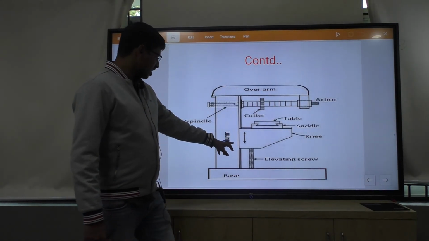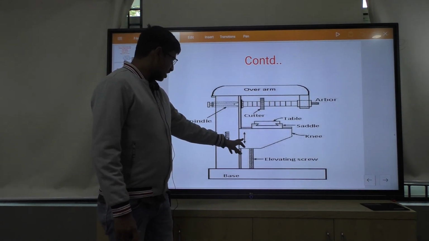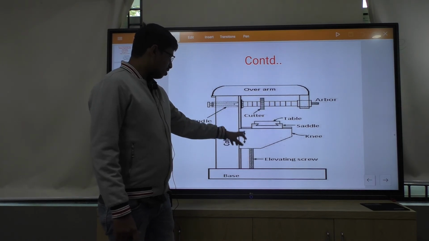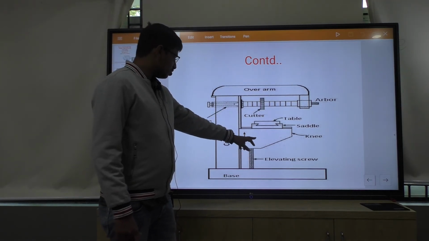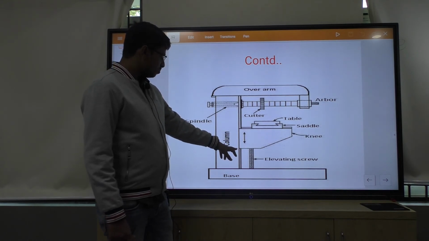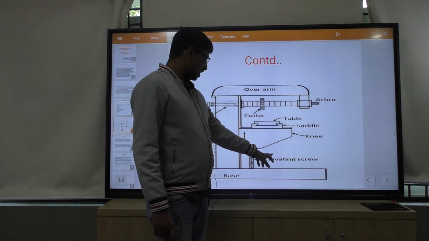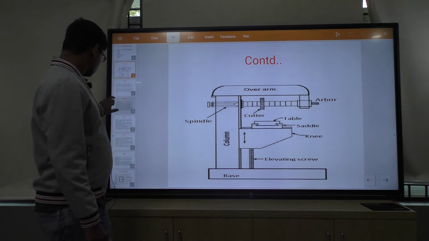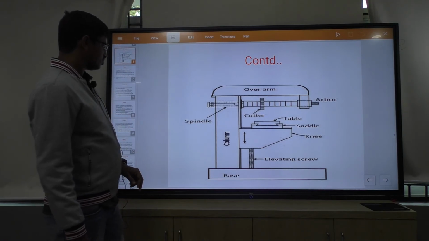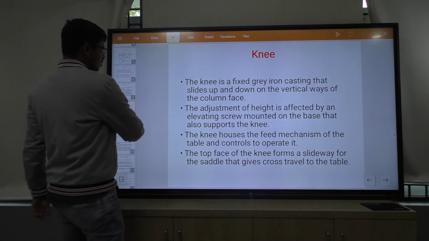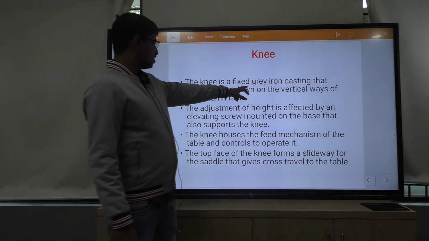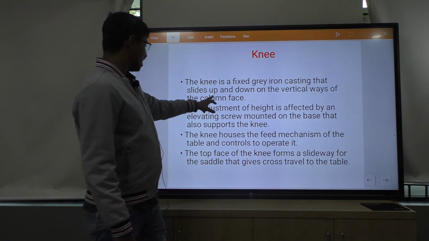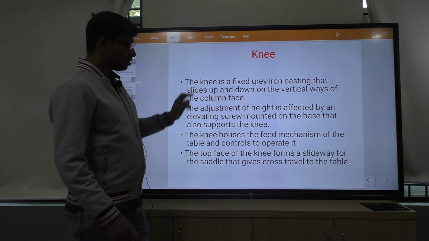This means the column carries the dovetail mechanism for the knee to move up and down, to adjust the various heights of the workpiece. The knee is a fixed grey casting that slides up and down on the vertical face of the column.